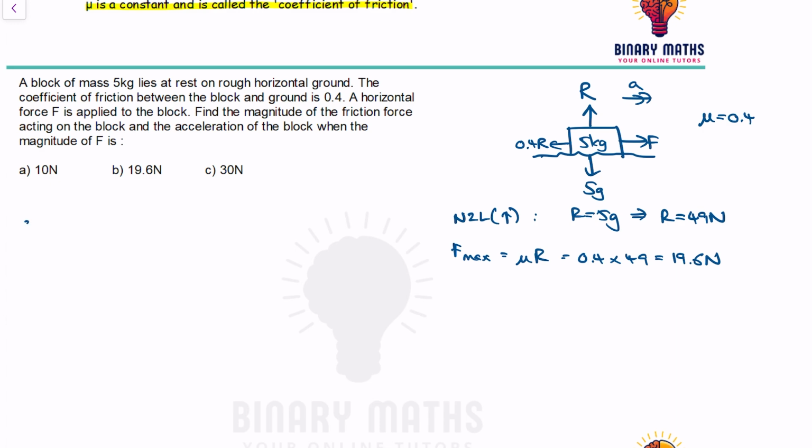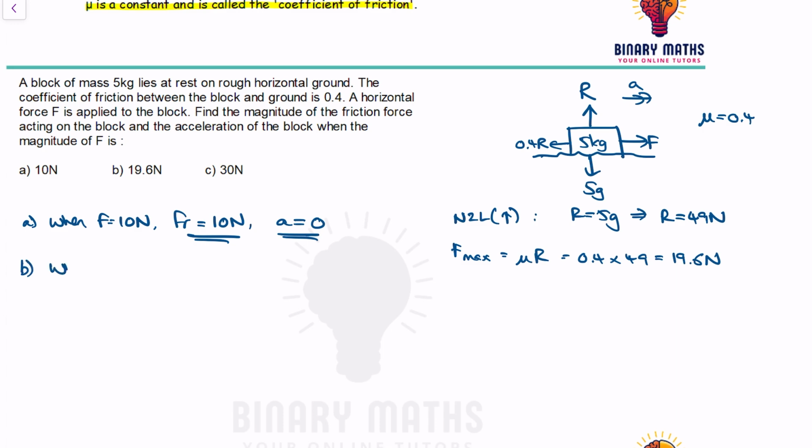Okay, so A. When F is equal to 10 newtons, because F max is equal to 19.6 newtons, so to reach limiting equilibrium, the friction needs to be at 19.6 newtons, but it's obviously not, which means the friction will be the same. The object won't be moving, so friction will be the same, which is 10 newtons, and acceleration will be equal to 0.